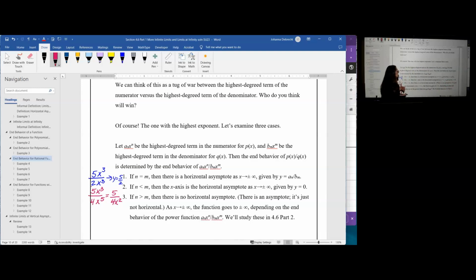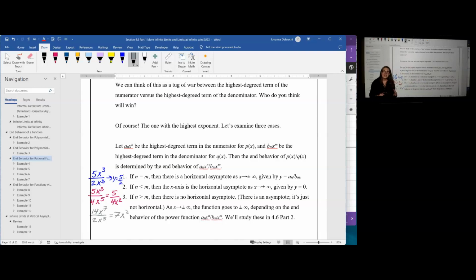What if the degree on top is larger than the degree on the bottom? In this case, there is no horizontal asymptote. For this one, let's take 14x to the 7th over 2x to the fifth. This is going to reduce to 7x squared.